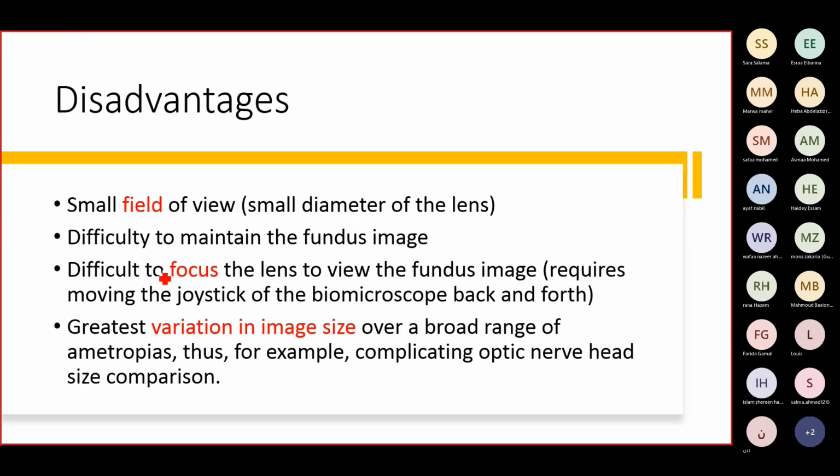And this will make the optic disc evaluation a bit more challenging, because there is, for example, the rule that larger optic discs normally have larger cups, and vice versa. So if you don't know the size of the optic disc, you may think that this is a larger than average cup, while it's actually a physiological cupping.